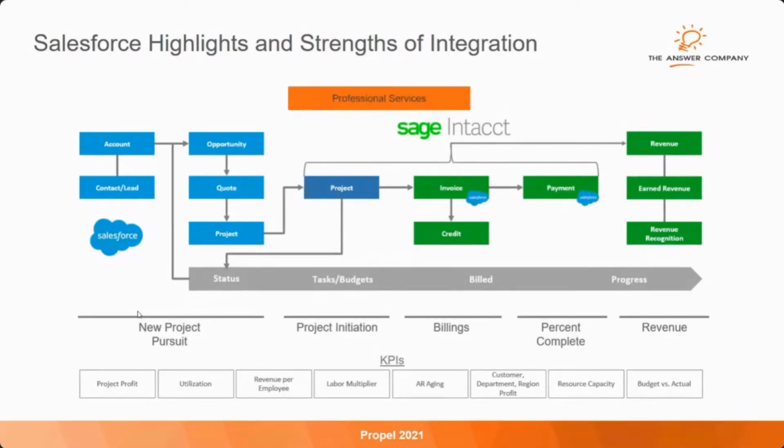And then all this payment information, as well as the invoicing, is sent back to Salesforce for your review. So you can continue to use Salesforce for your opportunities, your leads, your quotes, and all this information about customers, about data, and about projects is sent directly to Sage Intacct with no manual intervention.